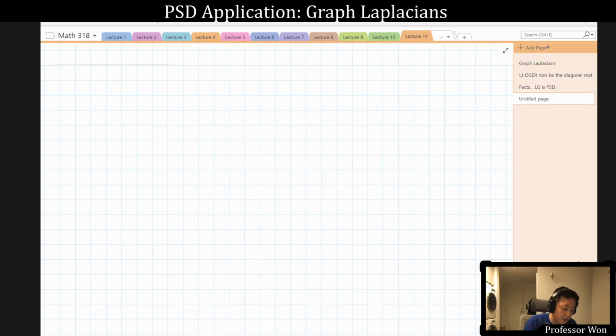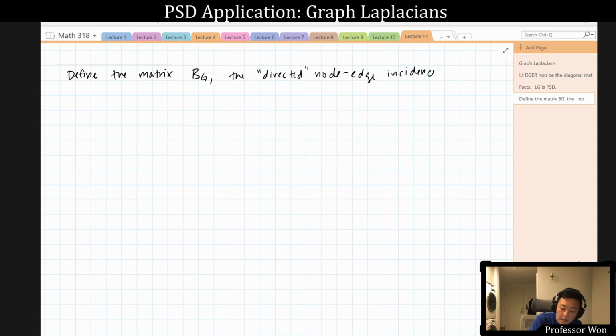Okay, so here's the construction. Define the matrix B_G, the directed node edge incidence matrix of G. This matrix is going to record the nodes of the graph, the edges of the graph, and whether the nodes touch the edges.